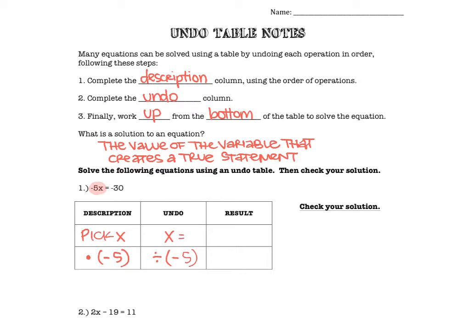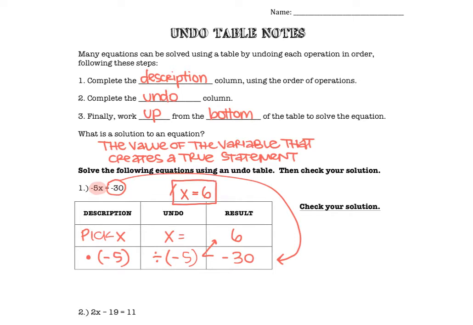Whatever's on the side that only has the constant is what starts in the bottom of the result column. So here I get -30, and I'm going to do -30 divided by -5, and that gives me 6. And so I know the solution to this equation is x equals 6.